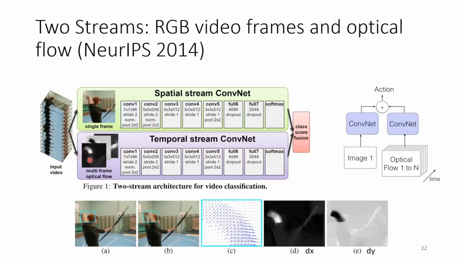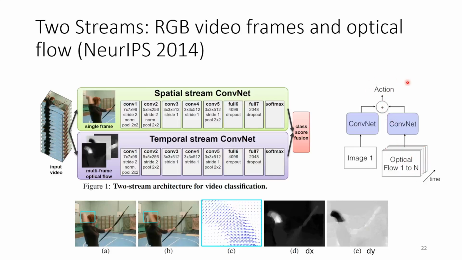You can extract the representation of these frames or video clips to get its visual and movement information together. This is called the two-stream. This is the illustration: you use a single image but several optical flow frames, and through convolution and fusing them together, you will have a representation.